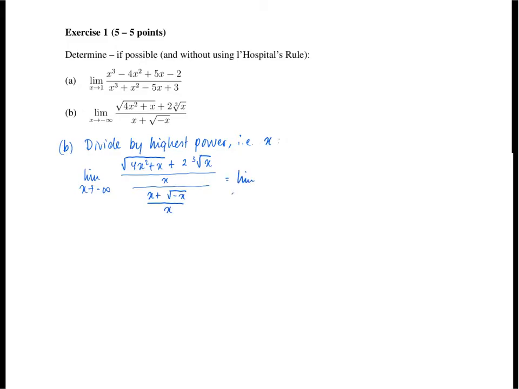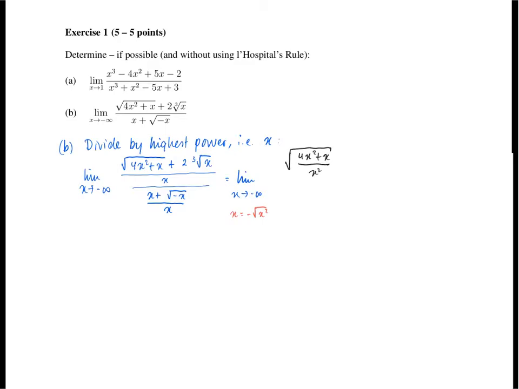This may be rewritten as the limit for x to minus infinity. Now we have to be careful. We want to write the x under the square root, and we must realize that for negative x, x equals minus the square root of x squared.